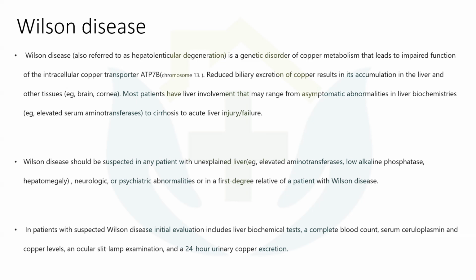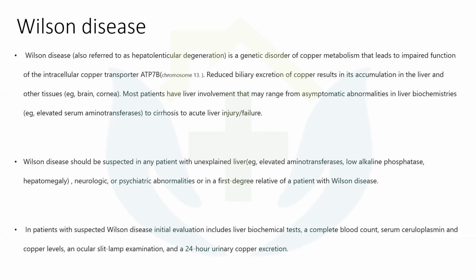That basically helps copper excretion in the biliary pathway or in the plasma. But when ATP7B is not there, the intracellular copper will not be able to go into the plasma or the biliary tree, so excretion is not possible.